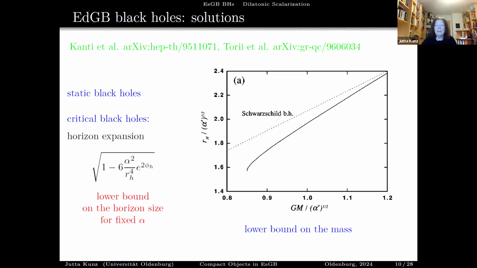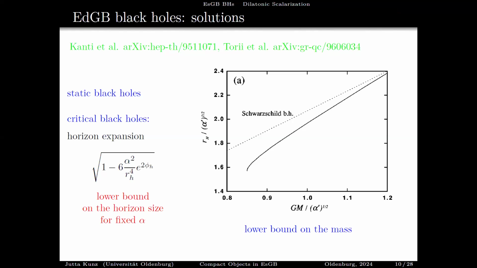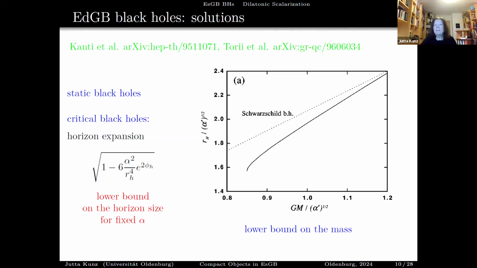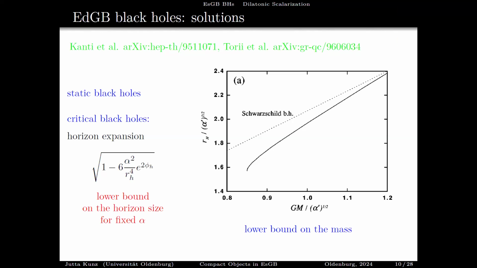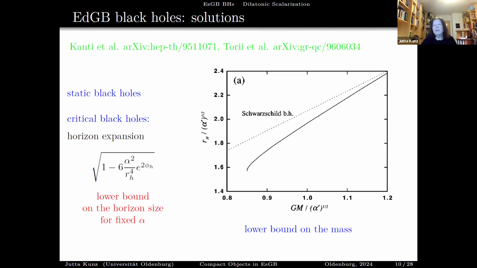Yes. You fix this coupling constant, and you look at a certain mass, and then you're just lower. And then the entropy: the area law still holds for Gauss-Bonnet, I guess, right? No. For Gauss-Bonnet, you have to use Wald's entropy, so you cannot do the simple area law, but you get an extra piece from Wald's entropy.